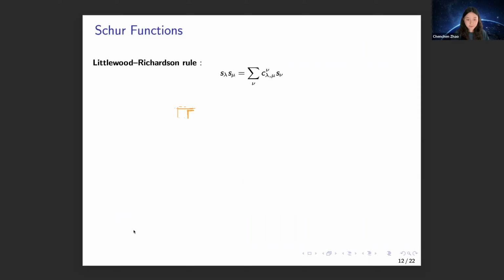Okay, so next I will discuss some identities related to Schur functions that we use intensively in our field. The first one is the Littlewood-Richardson rule, which just follows from the previous thing we talked about. The next is Cauchy's identity.